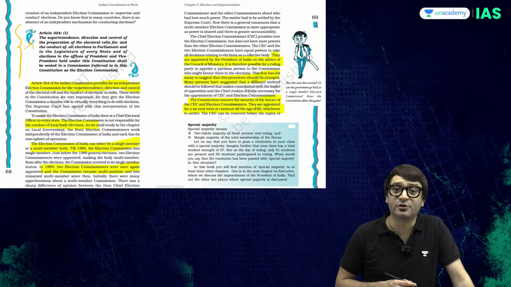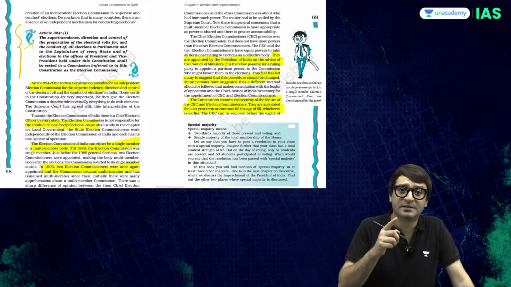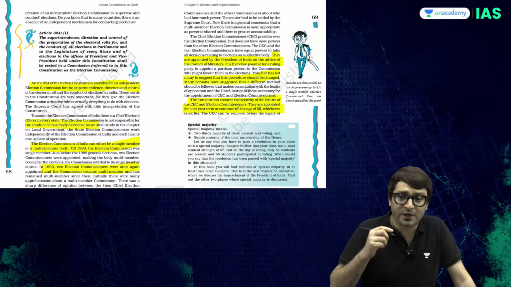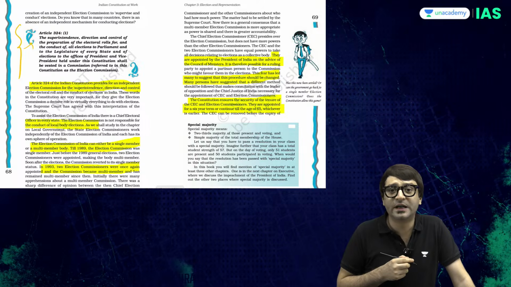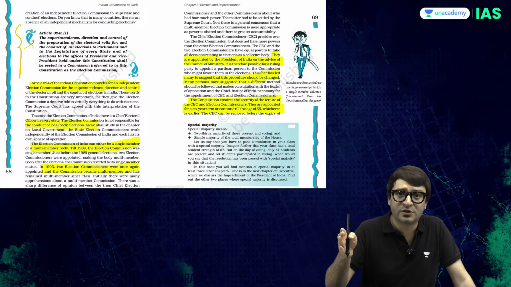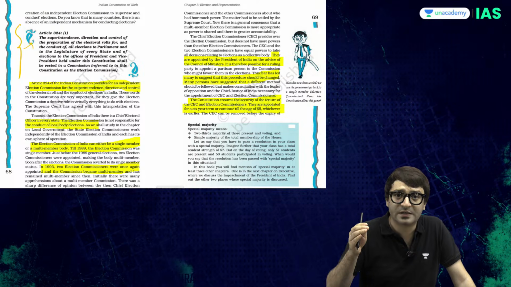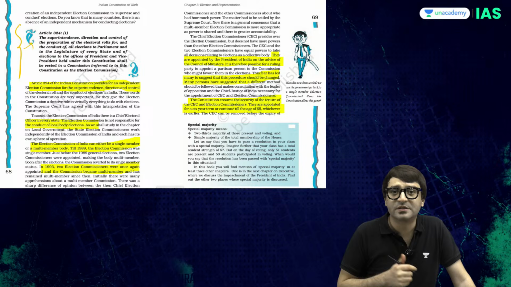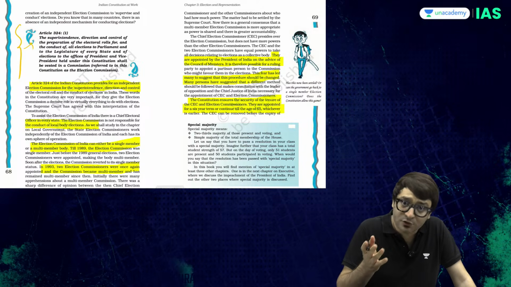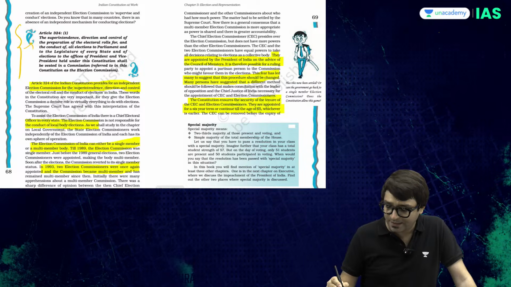But the Election Commission of India does not conduct local body elections. Local body elections, elections to municipalities and Panchayati Raj institutions, are conducted by a separate constitutional body called the State Election Commission.